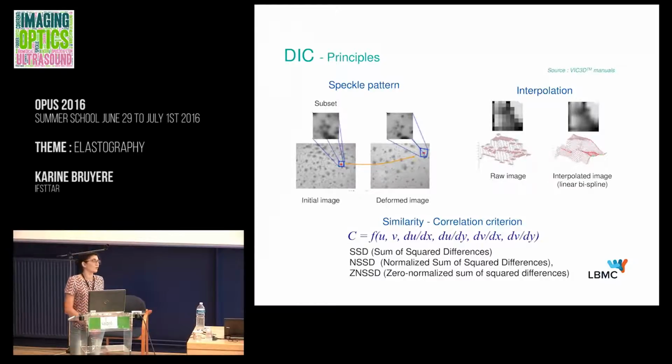Basic parameters of the correlation will help to have the displacement field, and after we compute the strain field. It's based on comparison of a subset of the speckled pattern with an interpolation of the gray level distribution, and we obtain the displacement field and the strain field. Of course, the results of the computation will depend on the subset size, for example, or the number of steps we analyze.